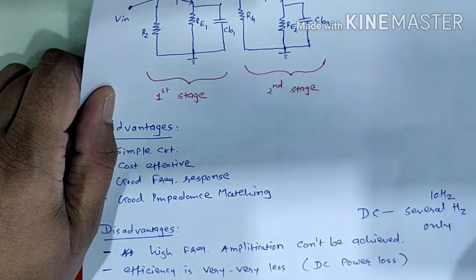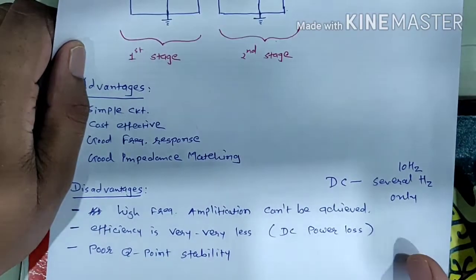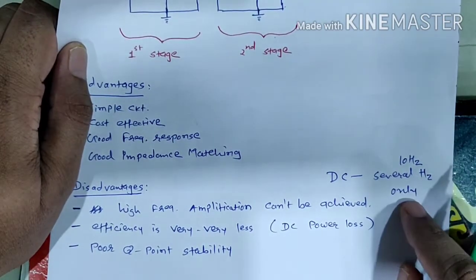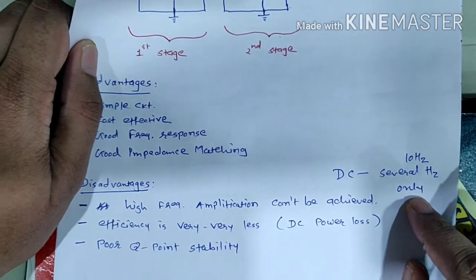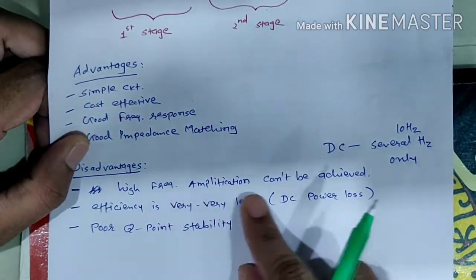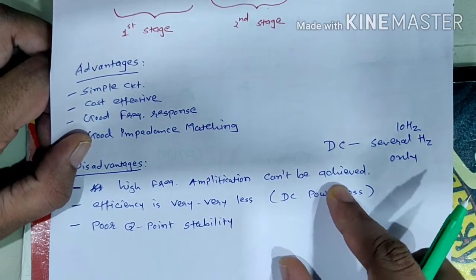From DC to 10 hertz, a signal of very low frequency should be amplified by this technique. It will not provide amplification of higher frequency signals.